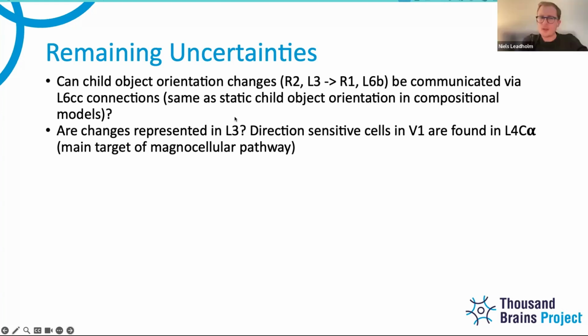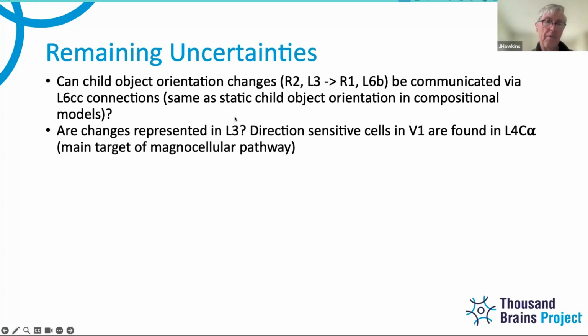I wonder if a simple solution is that maybe that's the direct input into the column, but then that's processed into L3. That's why you see movement sensitive cells with narrow receptive fields in L3, even though the magnocellular input is in, say, L4C alpha.